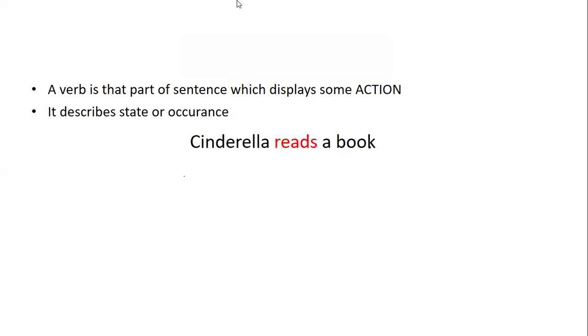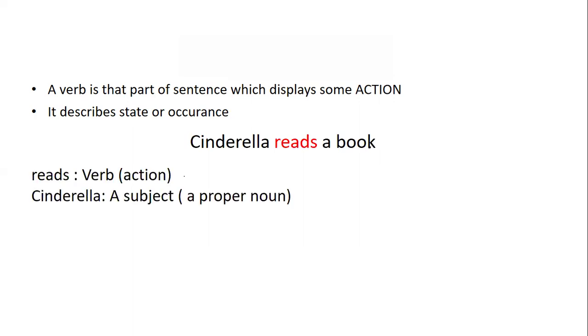So book is receiving the action of our verb reads. So book is our object, and we don't know which book she's reading. So we can say book is a common noun. So reads is the verb, Cinderella is a subject and a proper noun, and book is an object and a common noun.